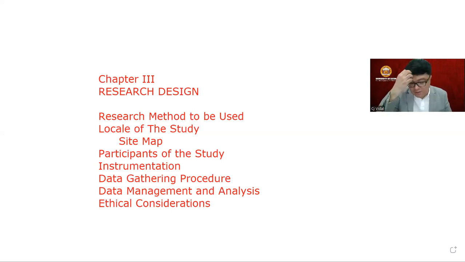That's according to Creswell in 2014. So that would be for data management and analysis. Now, the last will be the ethical considerations.